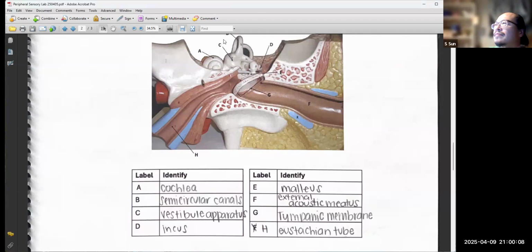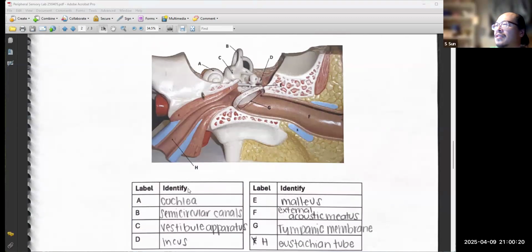A is cochlea, B is semicircular canal, right here. C is vestibular apparatus. D, E are these bones. E is the closest one to the membrane. The membrane is called the tympanic membrane. So E is the malleus. Then you have the next one, that is the incus.